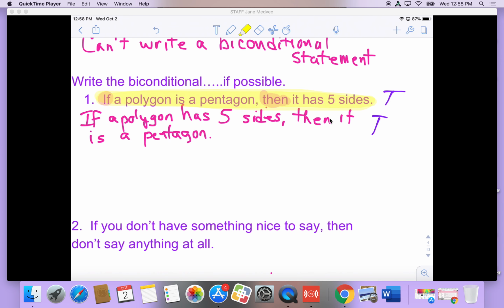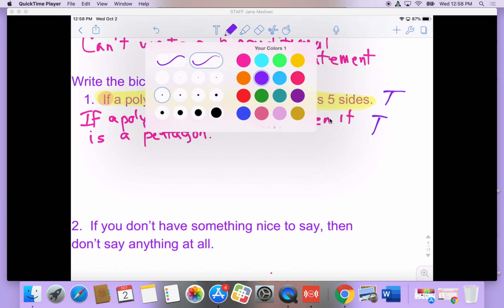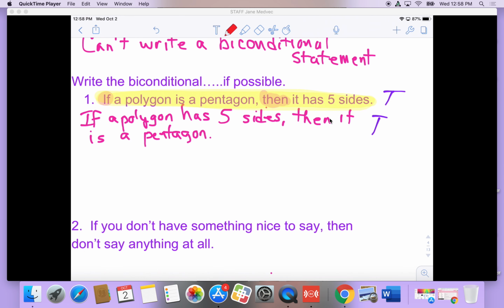To write it, you're going to take off the if and the then, and you're going to put if and only if where the then is. So this is what it looks like. A polygon is a pentagon, comma.